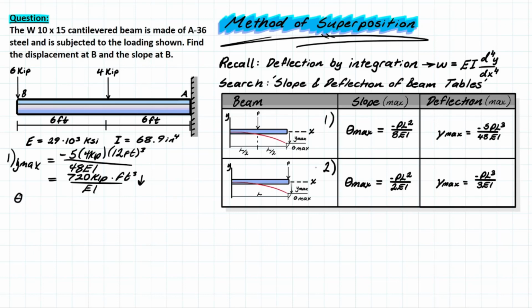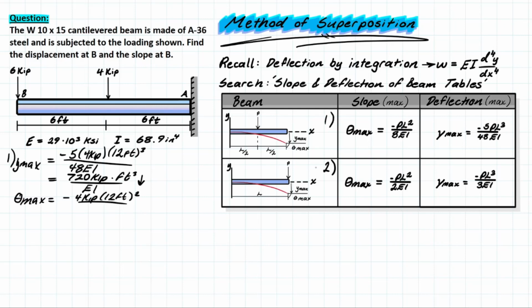And then similarly, we have the max slope, which is happening at point B as well. So we can go ahead and use this equation over here too. So we have a negative, what are we looking at here? We have a -4 kip, obviously, right? And then we have the length squared. So we have 12 foot, and then that's going to be squared.